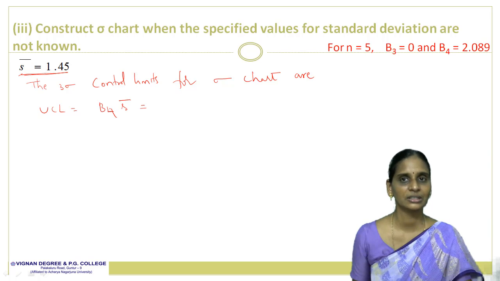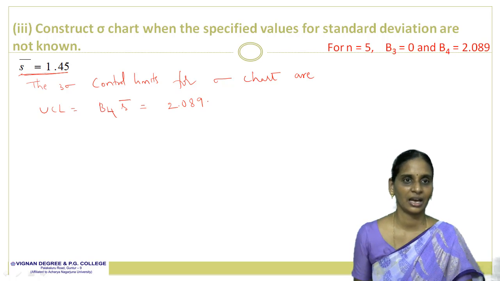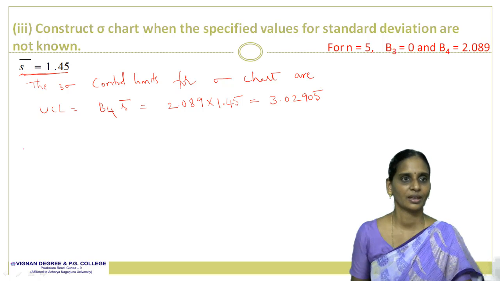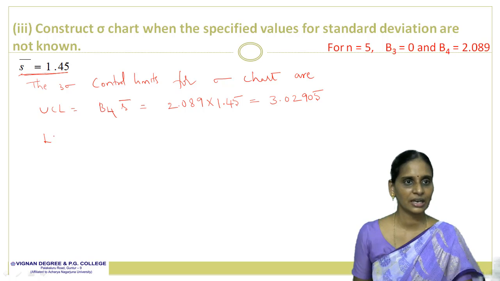Based on the sample size n is equal to 5, the value of B4 is 2.089 and the value of S bar is 1.45. By the multiplication of these two values, we get 3.02905.